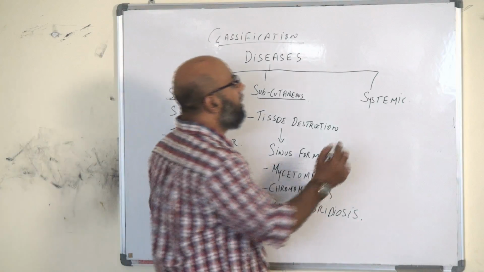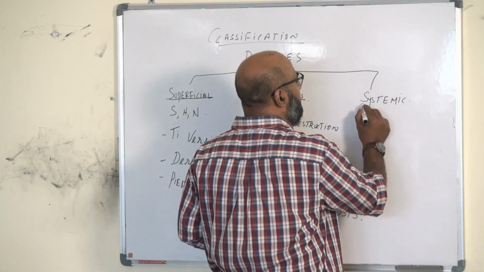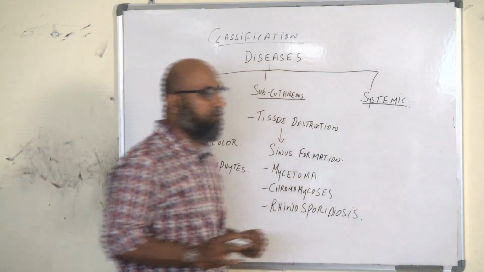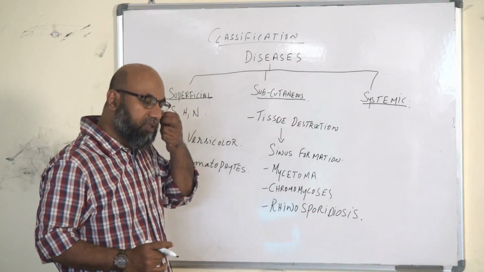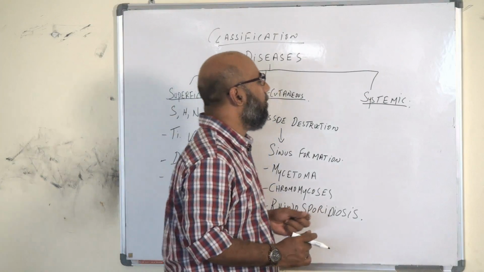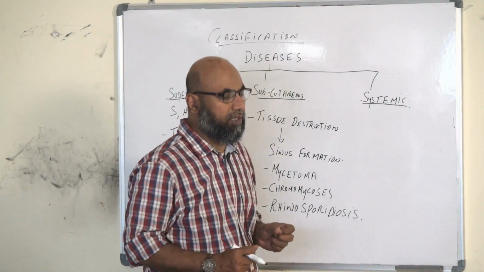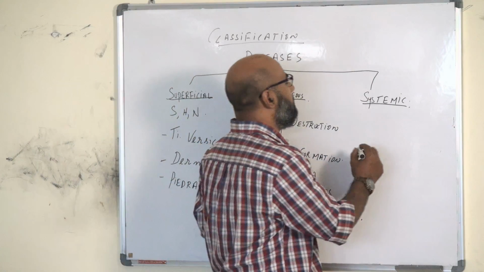Which brings us to our last class in the diseases, which is the systemic infections, and these are mainly fungi which invade the bloodstream and reach various organs of the body, and they also include the opportunistic fungi, which are mainly infecting the immunocompromised individuals.